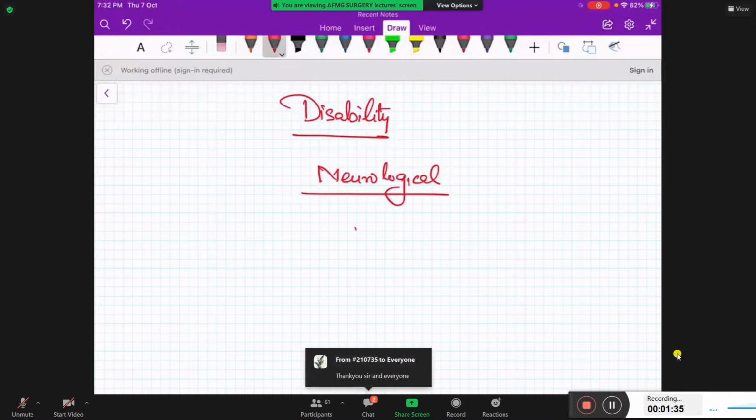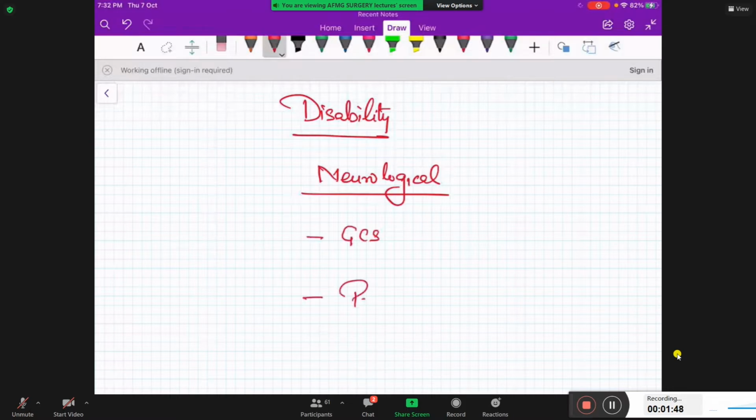What are those three things? Checked in exam: GCS. What is GCS? Glasgow Coma Scale. Then we should also look for pupillary signs. And then we should also look for lateralizing signs.